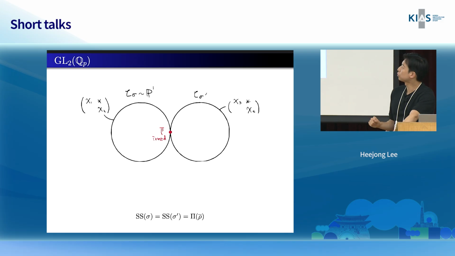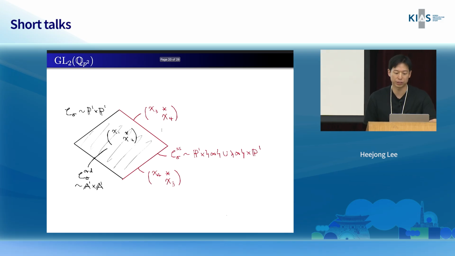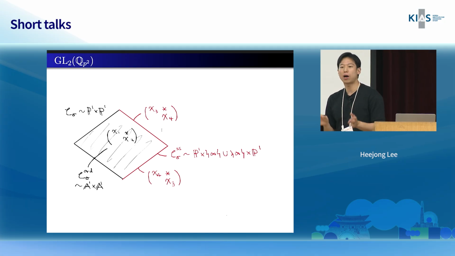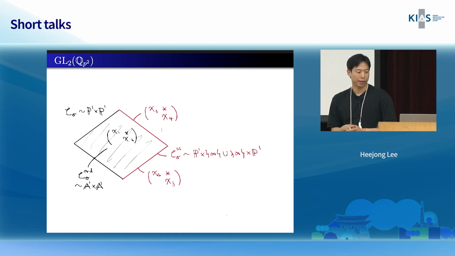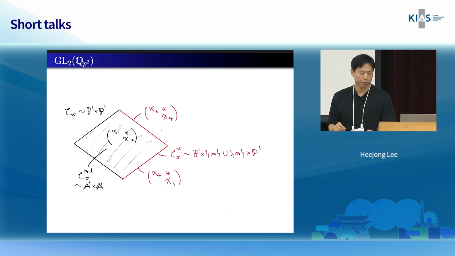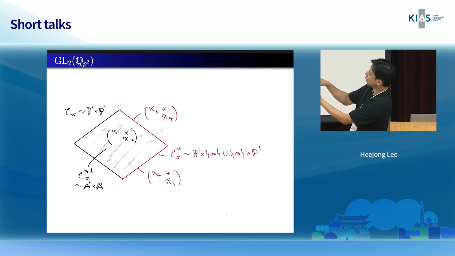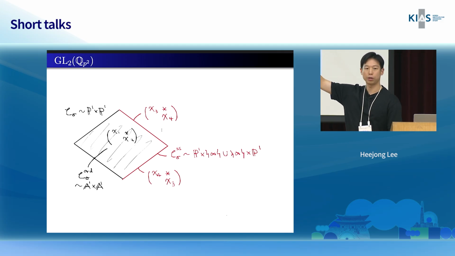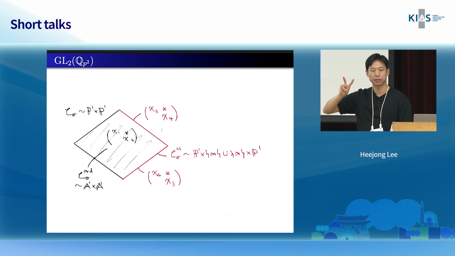Okay, so this is for GL2(Qp), and what happens if you go one step further, for GL2(Qp^2)? Then the irreducible component looks like a product of P1s. And so we have this square, and the edges should be thought of as P1. And the ordinary locus is A1 cross A1, again given by this family of reducible extensions, which is now two-dimensional.